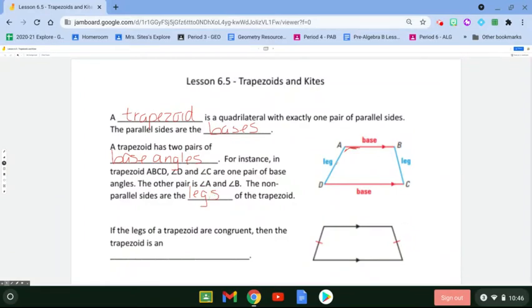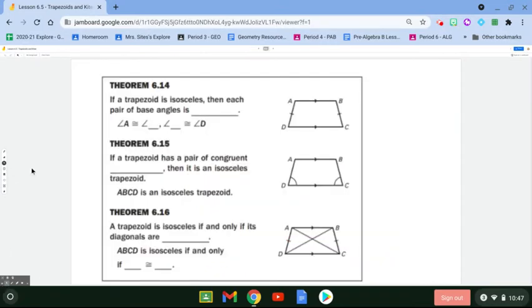If the legs of the trapezoid are congruent, then you have a special trapezoid called an isosceles trapezoid. So let's talk about some special theorems for an isosceles trapezoid.